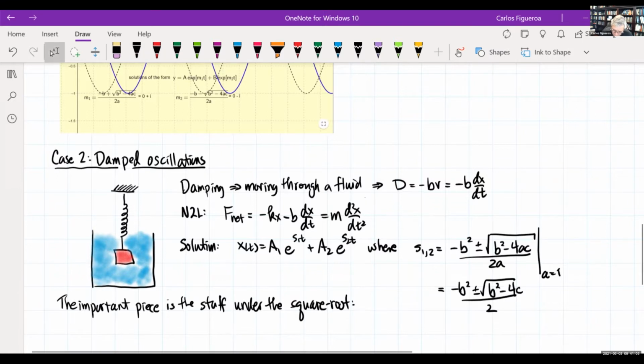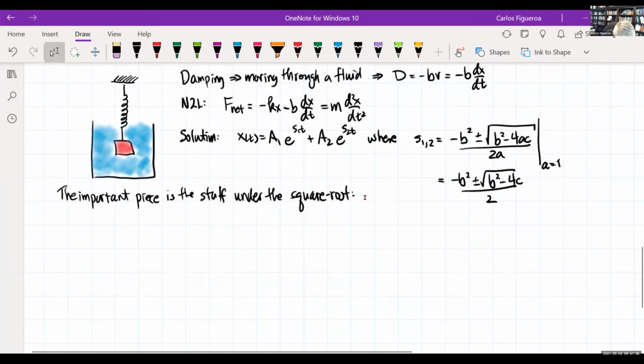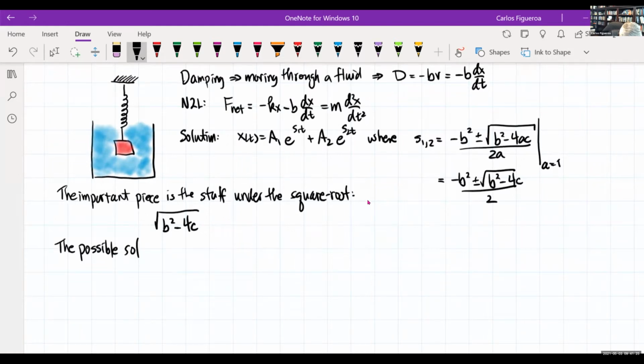The square root term reads b squared minus 4c. That's the important term. And the possible solutions come in 3 flavors.